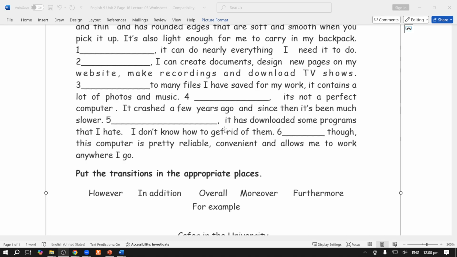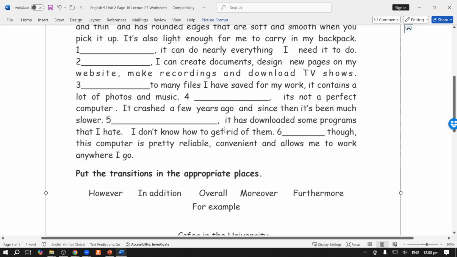Yes, you are right. For example is an appropriate transition word which we can put there, because he was making a claim that he can do nearly everything he wants to do. So these are actually the examples of those tasks which he can do using the laptop.